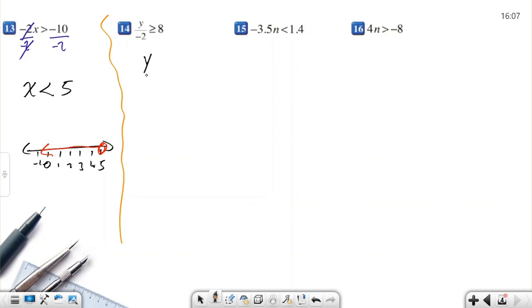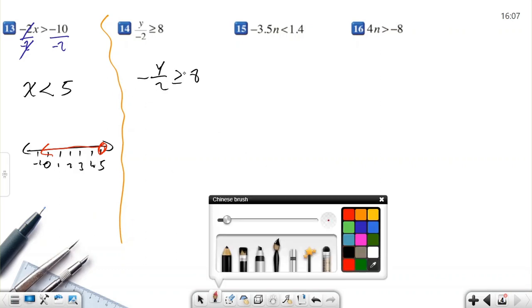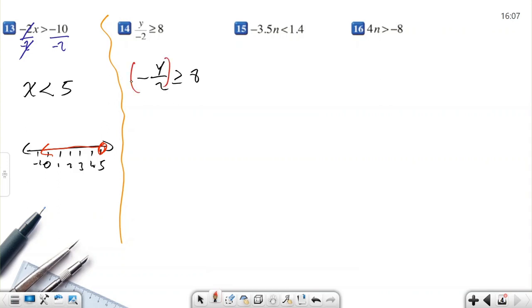So that's y over negative 2 greater than or equal to 8. Actually, instead of that one, the question can be the same: negative y over 2 greater than or equal to 8. So they are the same. In that one, you must multiply both sides by negative 2.